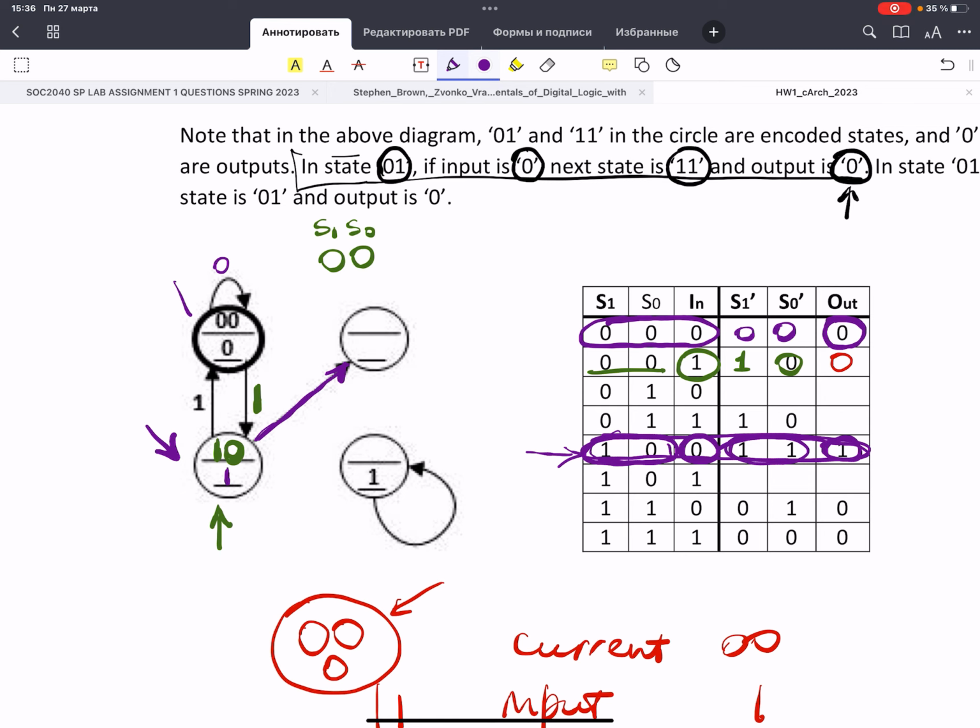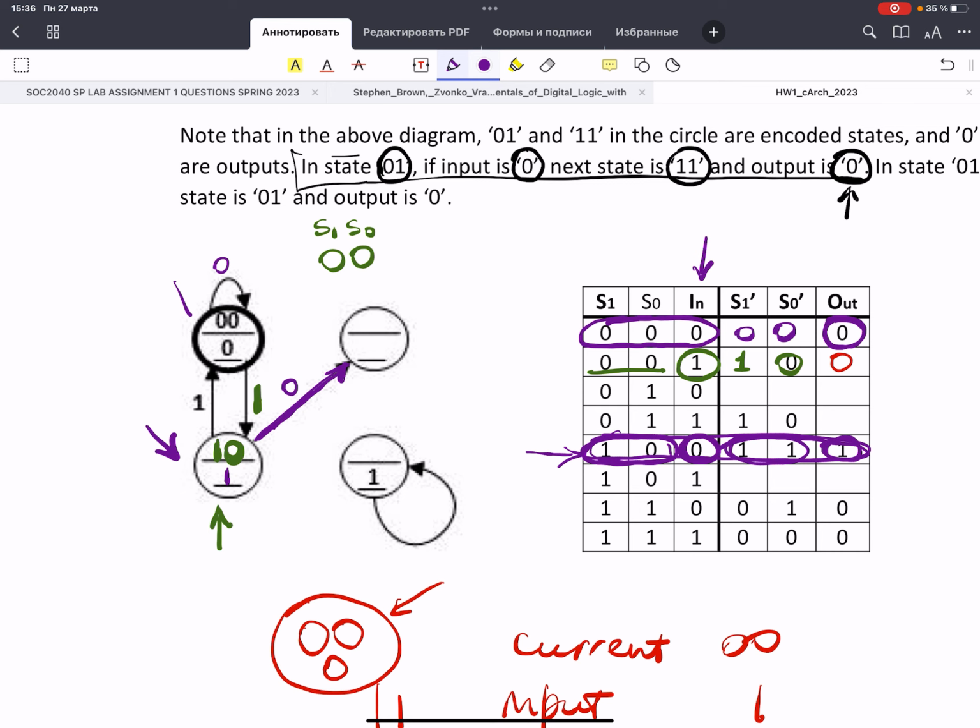And I'm guessing that this 0 is the input, because there are not two arrows for this current state, so I'm not drawing another arrow for another input.